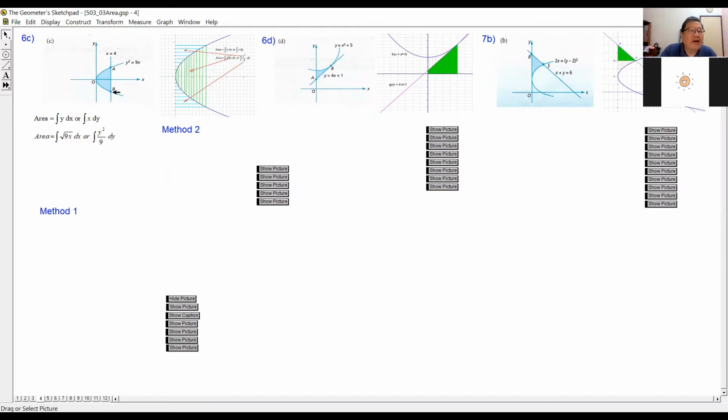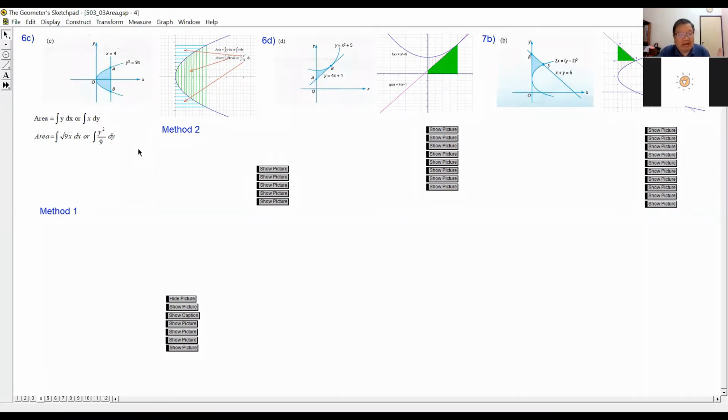If we want to find on the y-axis, integrate x dy, then we must know from where on the y-axis until which point on the y-axis we need to integrate. So in order to do that, you have to calculate the coordinates of a and b. Once you know the coordinates of a and b, then you can know the upper and lower limit.